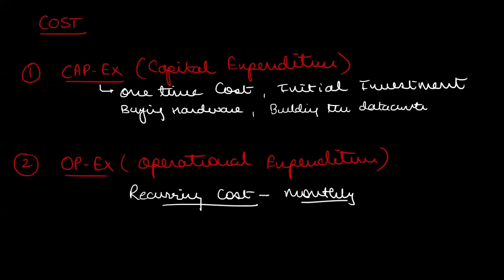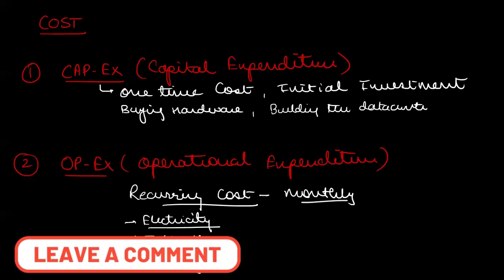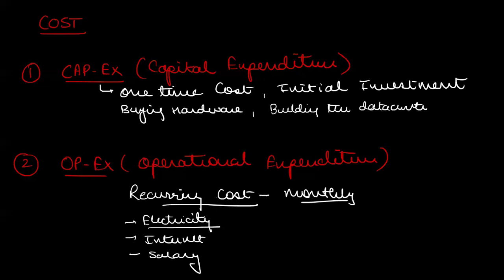So what is that cost? Cost of running the machines. It could consume electricity, correct? Electricity cost, internet cost, salaries to people who are managing the data center for us. Now, this is a recurring cost. Every month I have to pay electricity bills. Every month I have to pay internet bills. Every month I have to pay the salary, right? This cost does not stop.